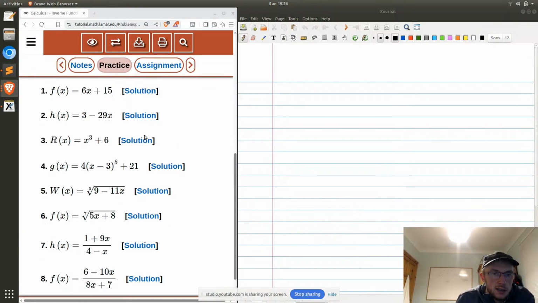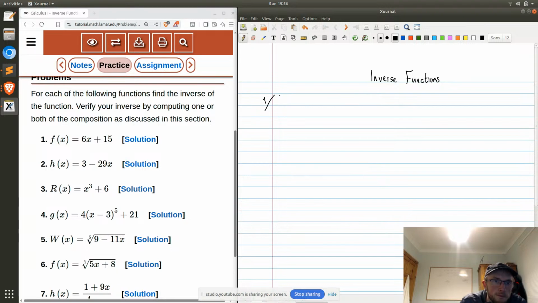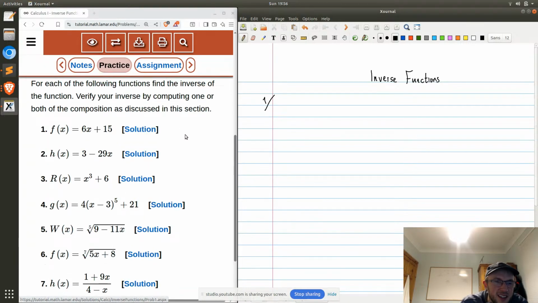Yeah, I want to try this. Inverse functions. No, I'm not computing the compositions as well. All right, so I'll just compute the inverse.